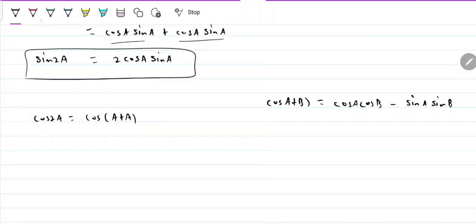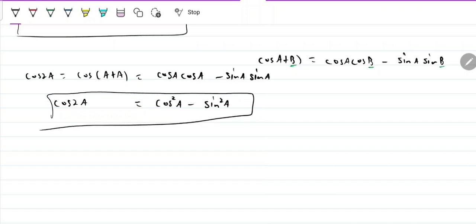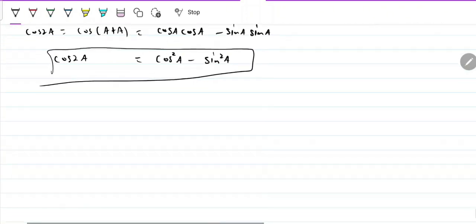So for this one, we just got to replace this B again with A, right? And that's equal to the cos square A minus sine square A. That's cos 2A, right? That's one formula for cos 2A. But sometimes it's more convenient for you to have a formula for cos 2A that is exclusively cos, right?